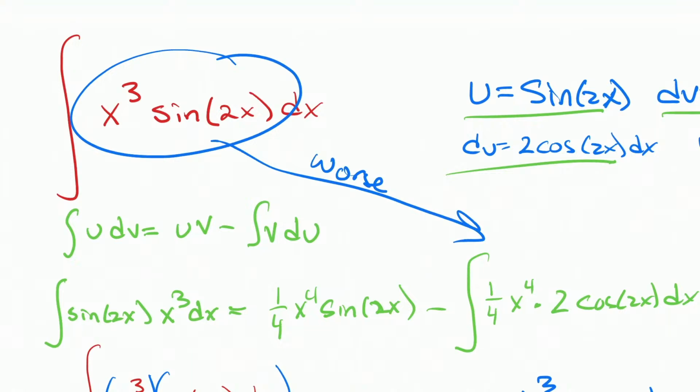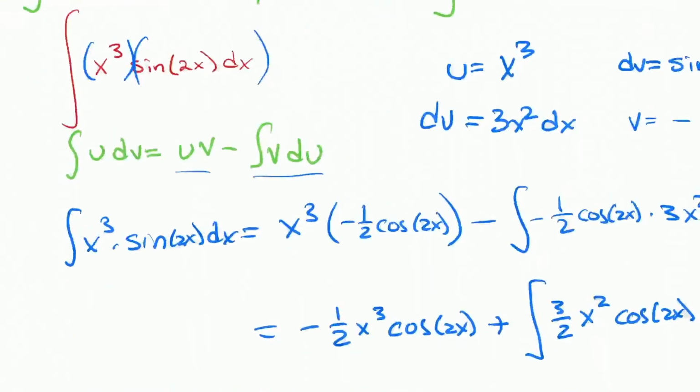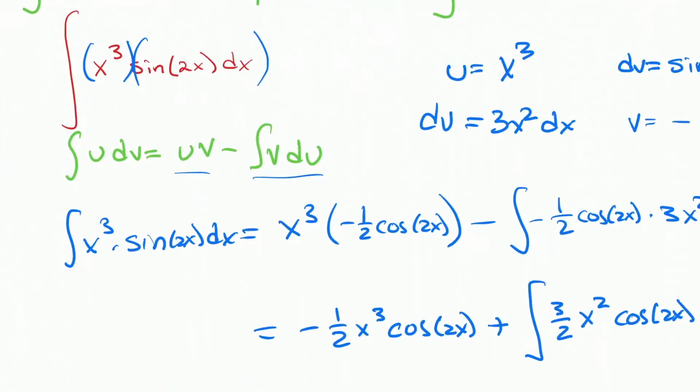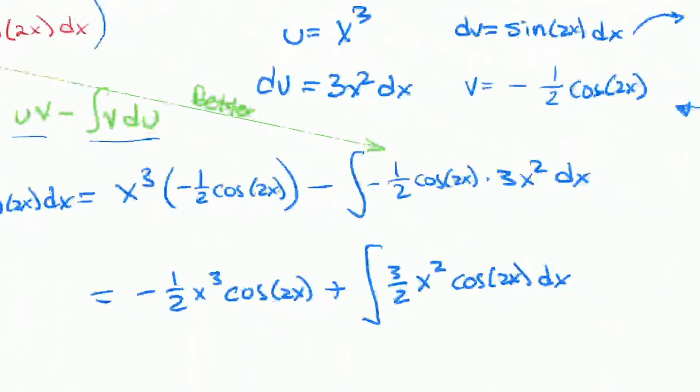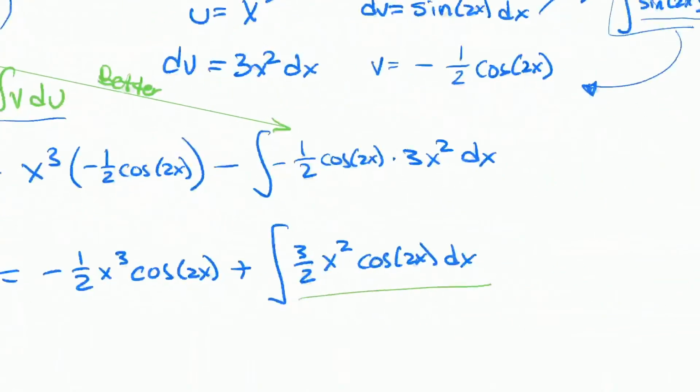Down here it's x to the 4th times cosine. Up there, it's x to the 3rd. Right here, as opposed to getting worse, we're getting better. I mean, it's not great, but this is better than what we started with. It's x squared instead of x cubed, so it's less complicated.